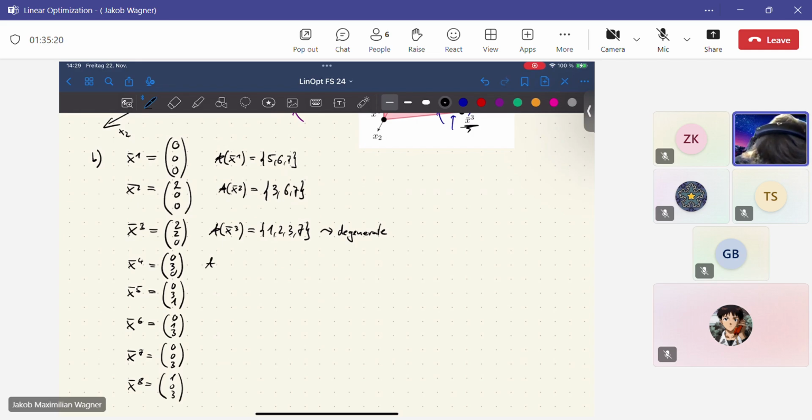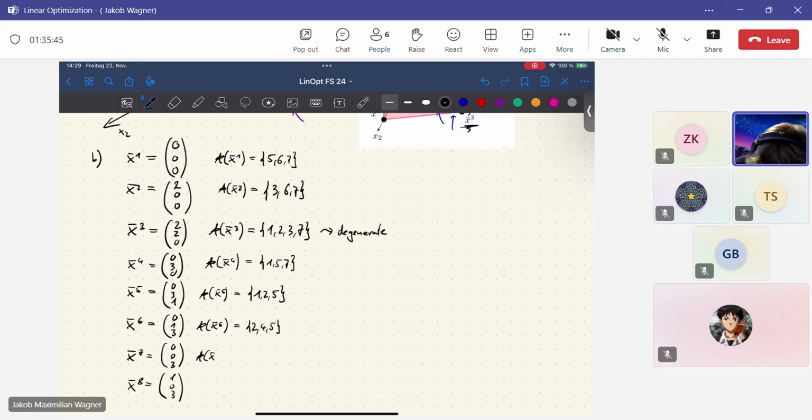And the active index sets are, of the fourth one, we have 1, 5, 7. Of the fifth one, we have 1, 2, 5. Of the sixth one, we have 2, 4, 5.